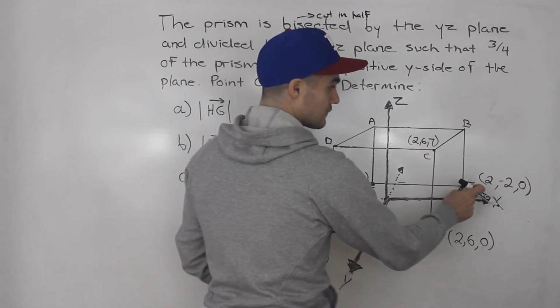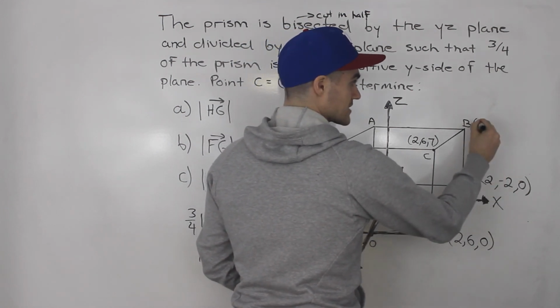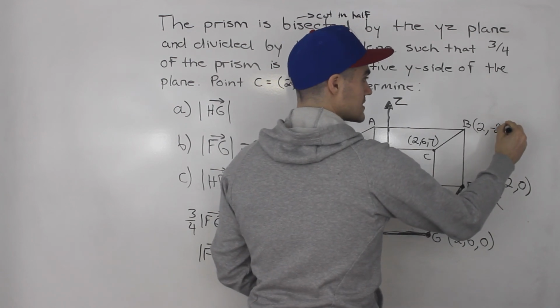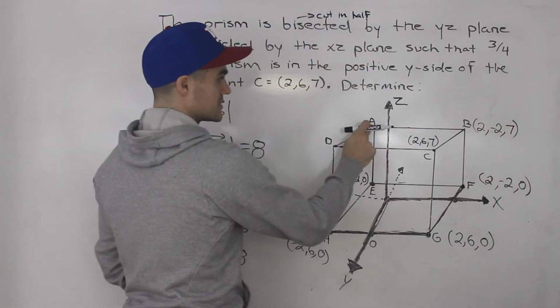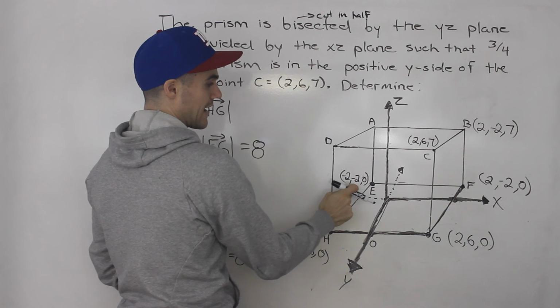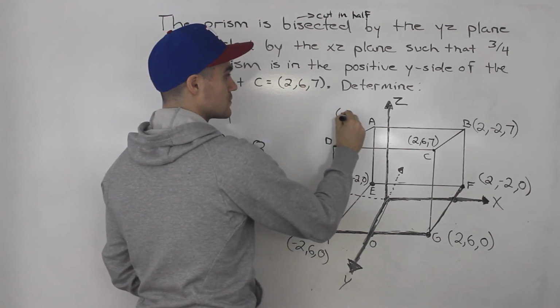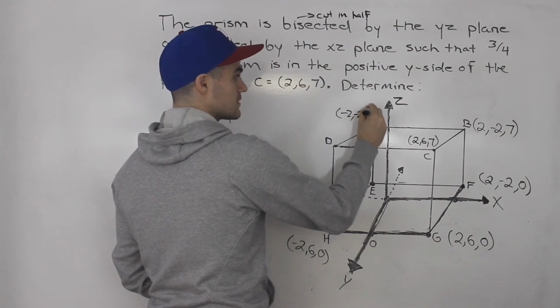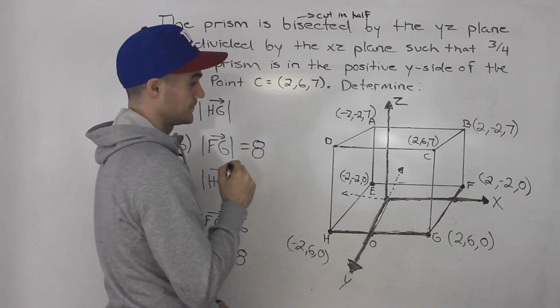So point F is going to have the same x value 2, same y value -2, but now a z value of 7. Point A is going to have the same x and y values of -2 and -2 as point E, but instead of a z value of 0, it's going to have a z value of 7 now.